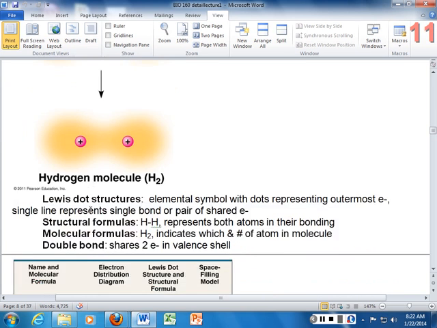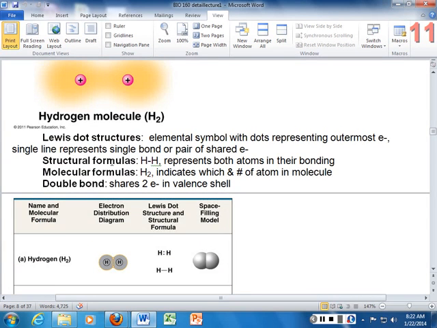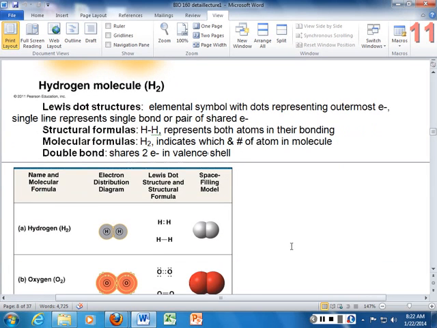So one way that they will try and go through and predict some of these shapes is to use these things called Lewis dot structures. In the Lewis dot structure, you look at how many electrons are in that outermost ring, and then you put these little dots around the chemical symbol for it. We don't really need to use them in here. It's covered as kind of an idea that this is one way that you can represent a chemical formula.